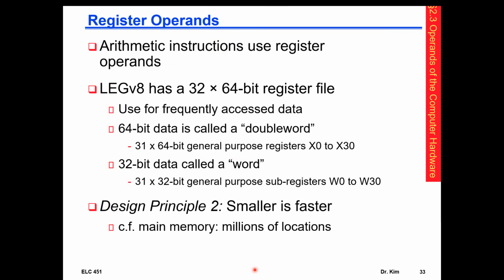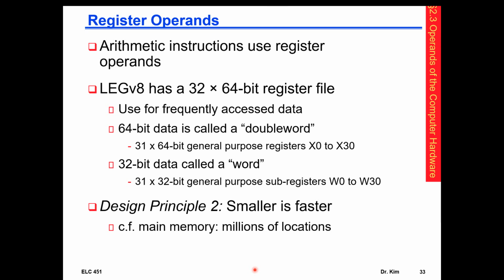All right. So now you got sort of a crash exposure to the subset of the ARM instruction set. So let's unpack that a little bit more. We saw the arithmetic instructions. They use register operands. The registers are in this register file.